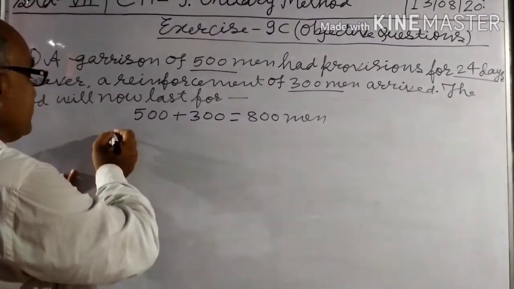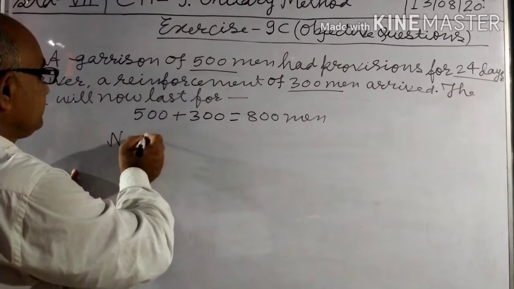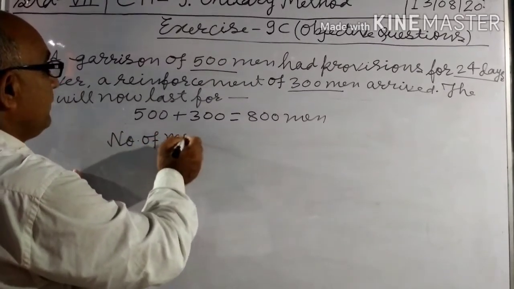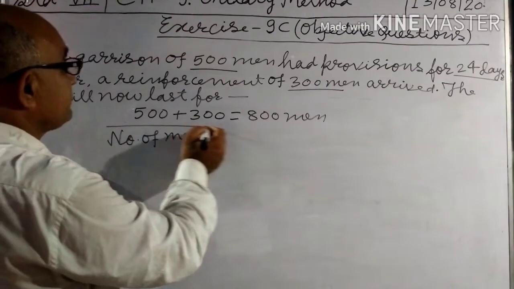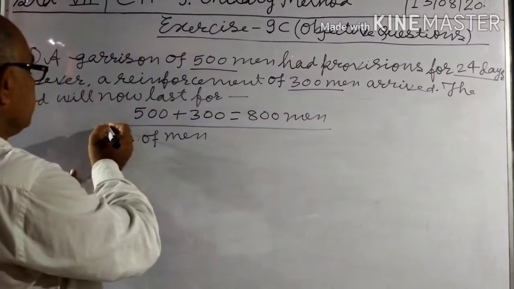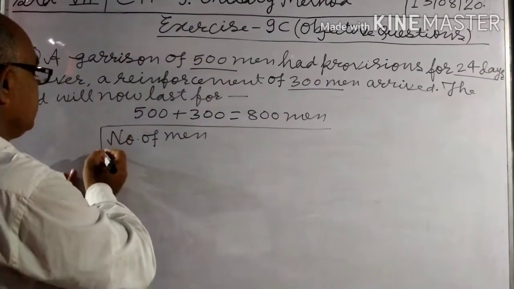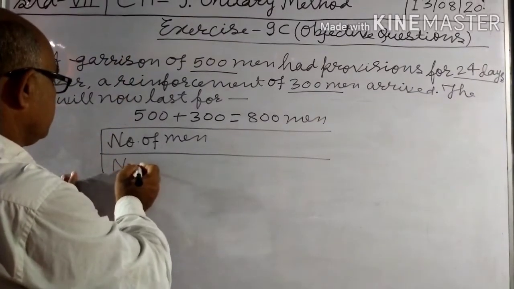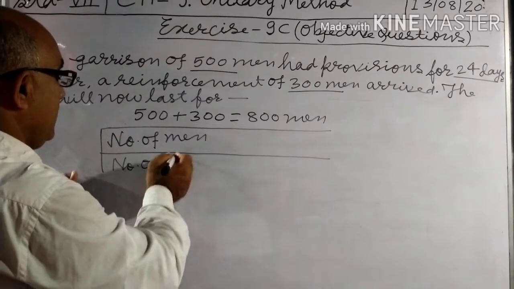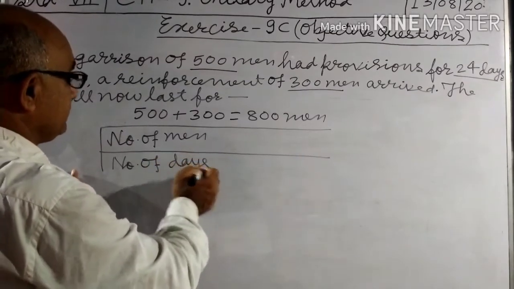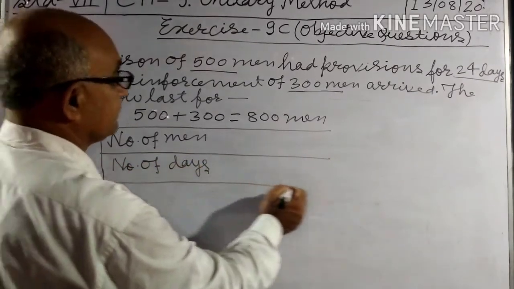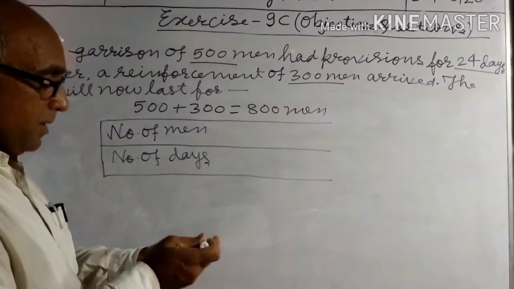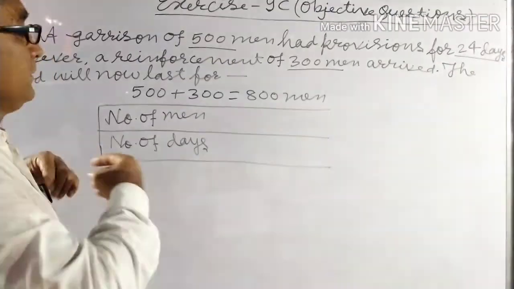Now write in the first column number of men and in the second column number of days.